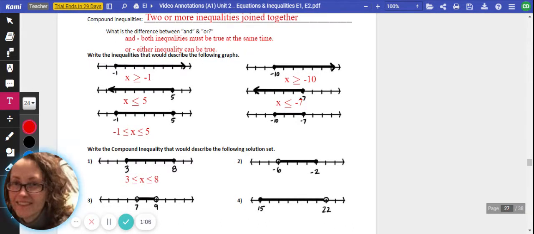So here, looking at the next problem set, write the inequalities that would describe the following graphs. In this first one, this is what we had been learning. I would have -1 as my critical number.